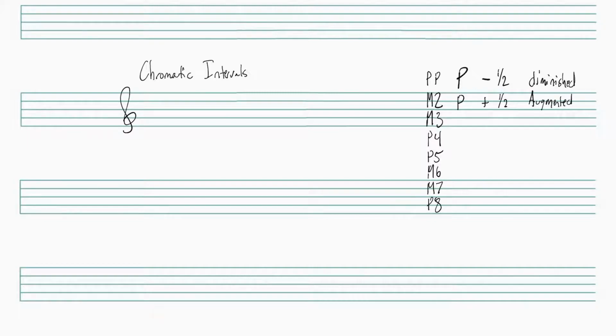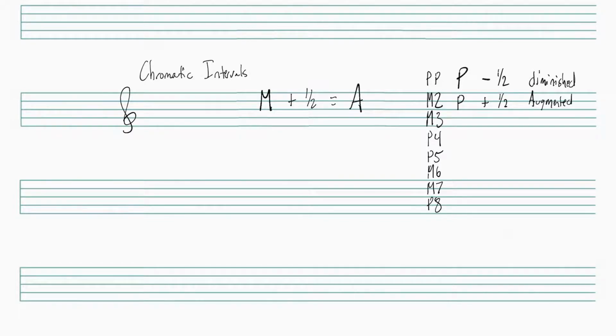Now, major intervals, you have a little bit more flexibility. So our major intervals, and this is our major second, third, sixth, and seventh. So with a major interval, capital M, if we were to increase a major interval by a half step, so plus a half step, we're going to get an augmented interval.